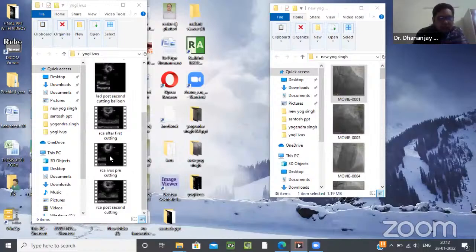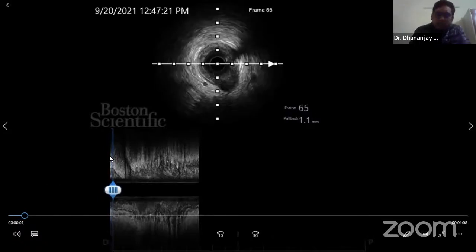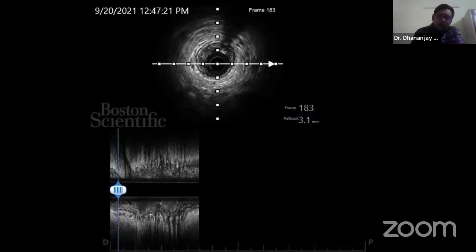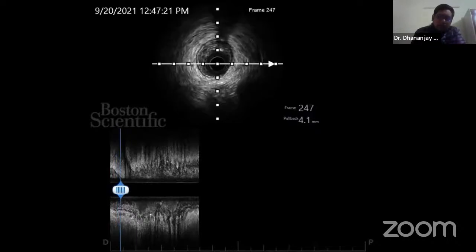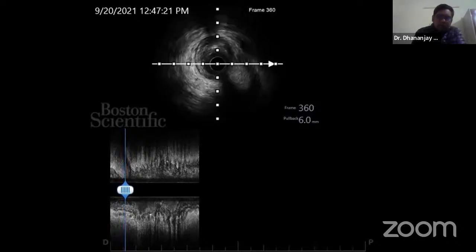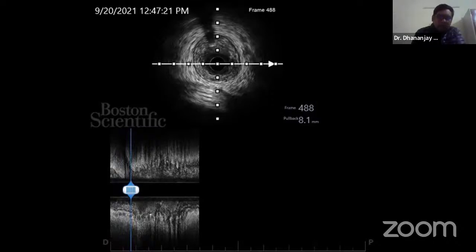So this was the first IVUS run. We took only the stented part. The whole stented part was significantly restenosed with fibrous plaque, and the proximal end of the stent was most critically stenosed.